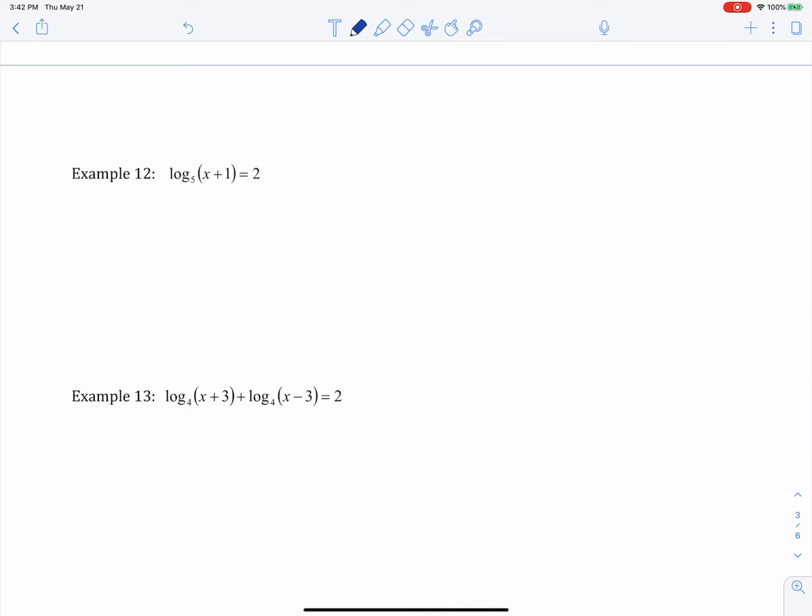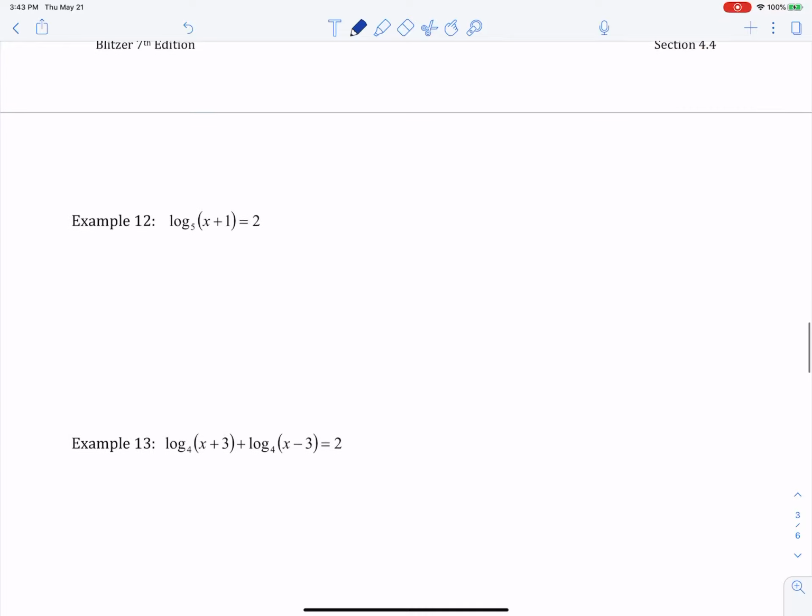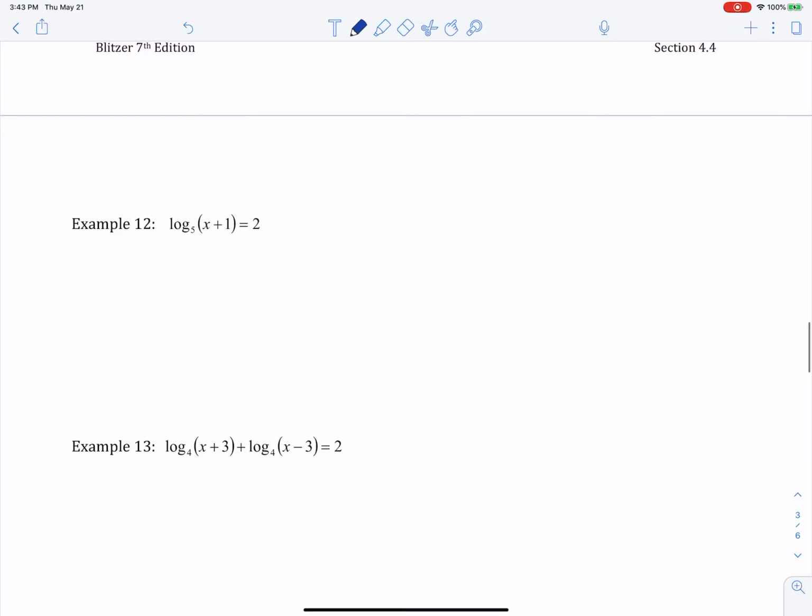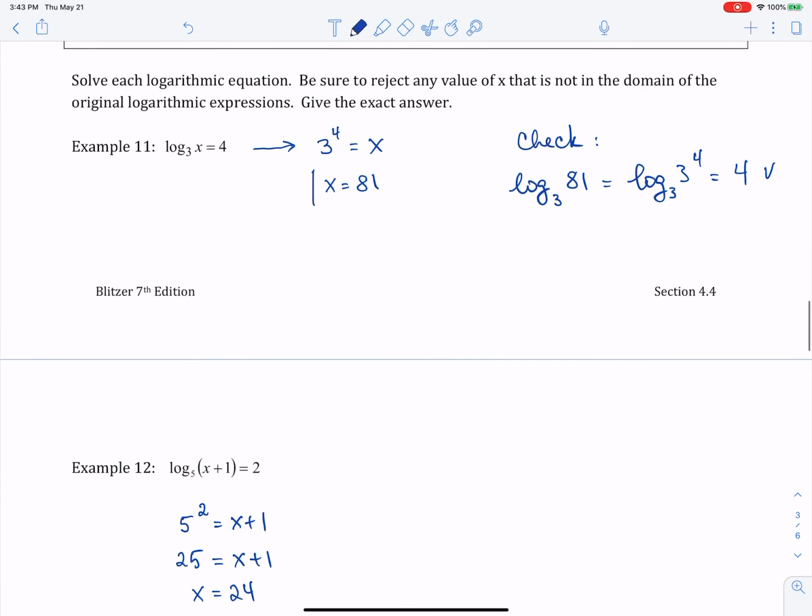Example 12, again apply the property of logarithms. It's solved for the logarithm already, so let's always start from the base. 5 powered by 2 is equal to x plus 1, or 5 squared, which is 25, is equal to x plus 1. Subtract 1 from the other side, x is equal to 24. I forgot to circle my answer.